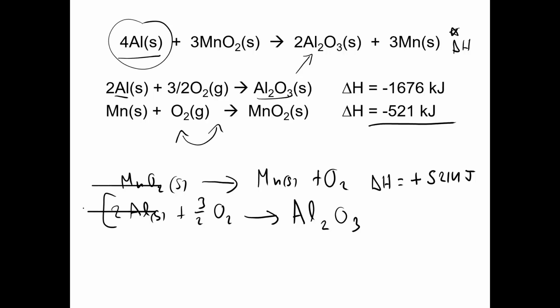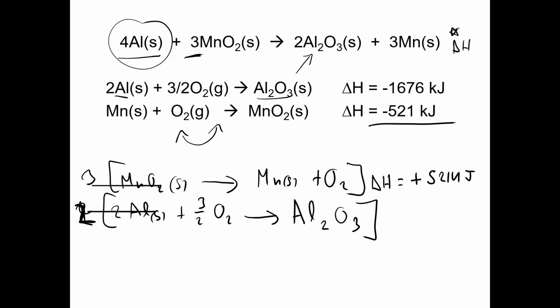So it sure looks like we're going to have to multiply this by 2, right? Which would also furnish 2 aluminum oxides, which is what we have here. And for the other reaction, we need 3 manganese oxides, and so we just multiply that by 3.